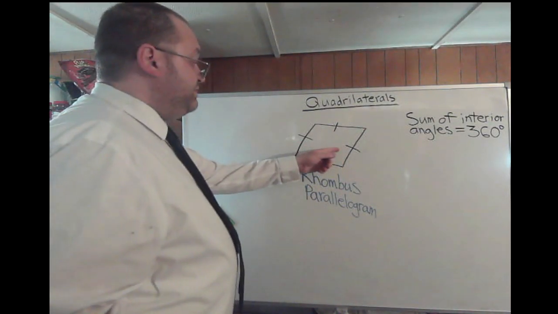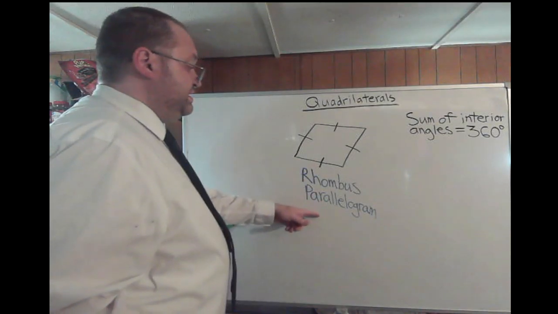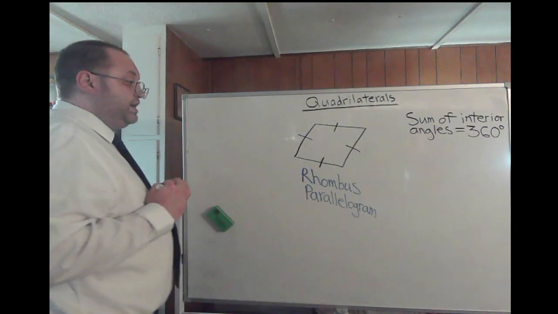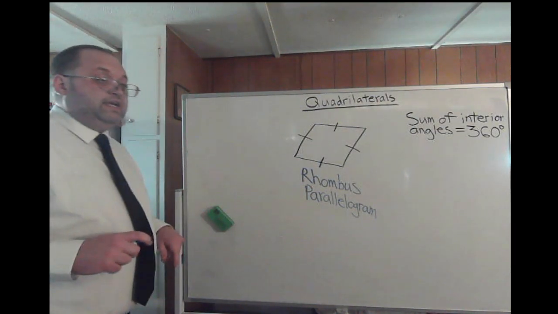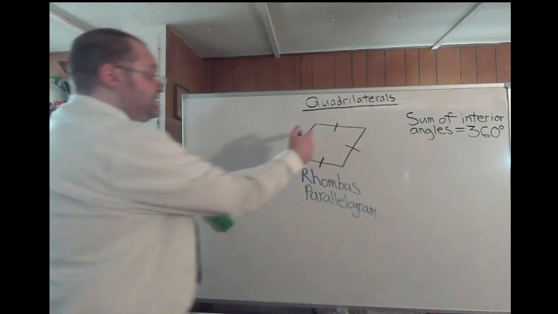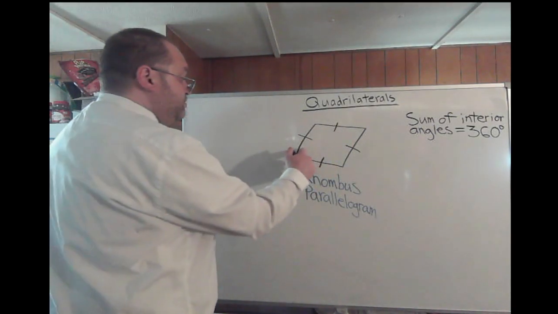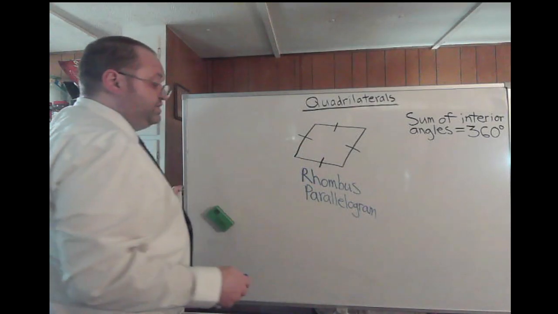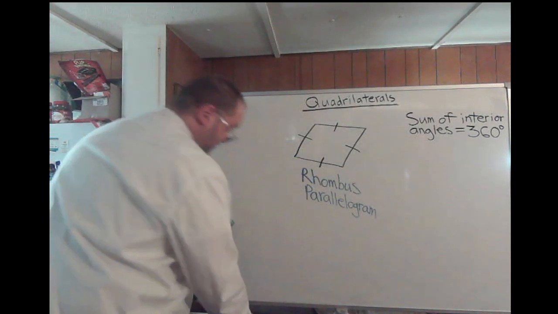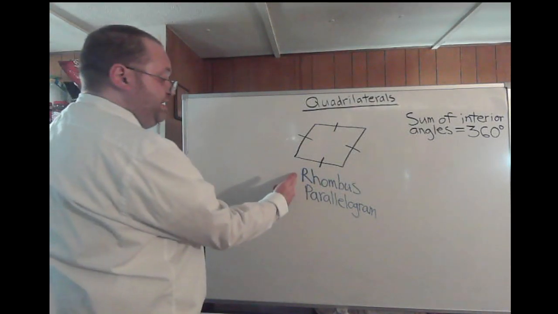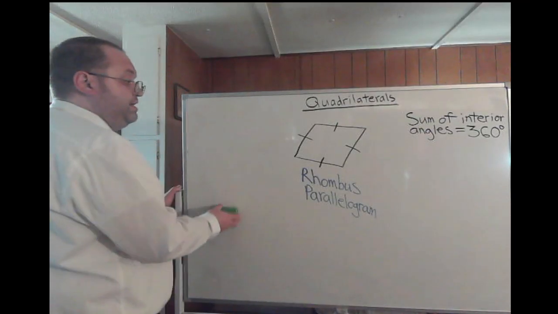We definitely have that here. We actually have all four sides congruent, so it's a parallelogram. Is this a rectangle? No, because it doesn't indicate any right angles. Same reason why it's not a square. You don't see any indication of right angles in this quadrilateral. So this shape is a rhombus and a parallelogram.